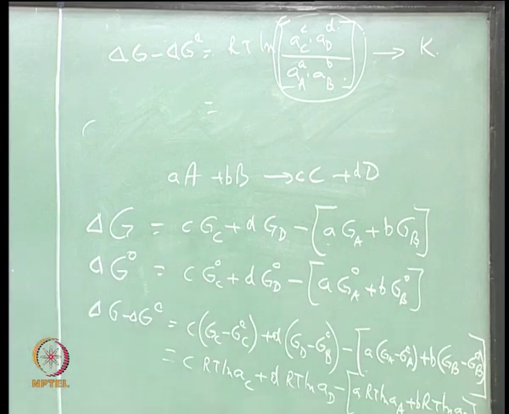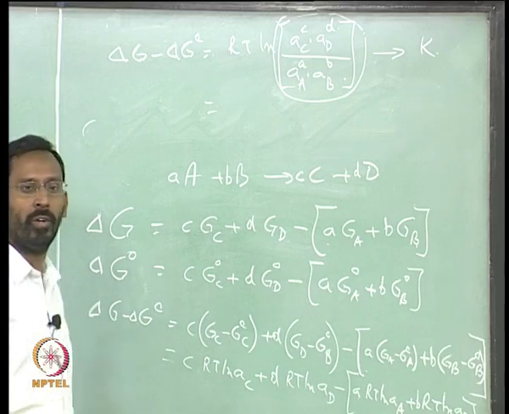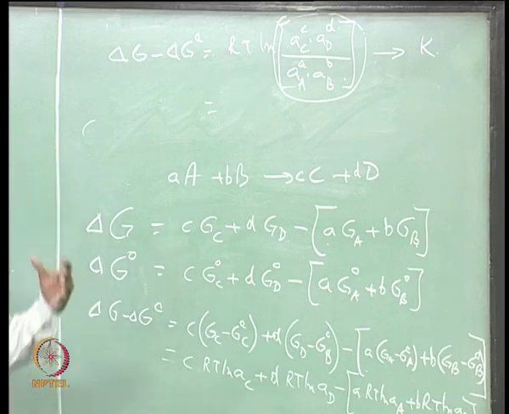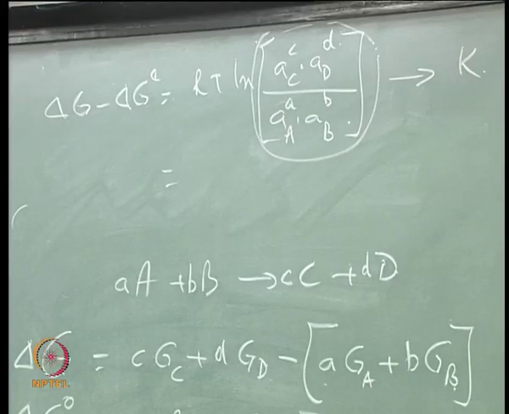And we learn a lot of things from this. As we go along, we will see how this influences the whole reaction, whether it will go in the forward direction or the backward direction, which always depends on that.